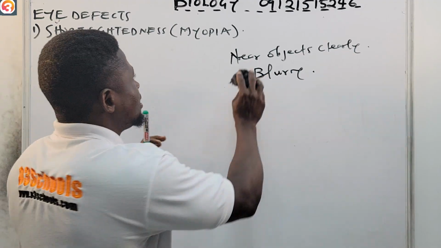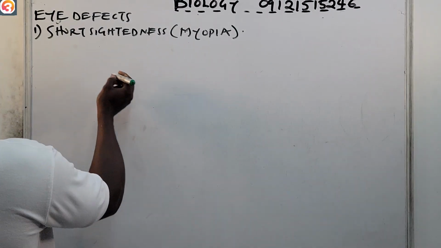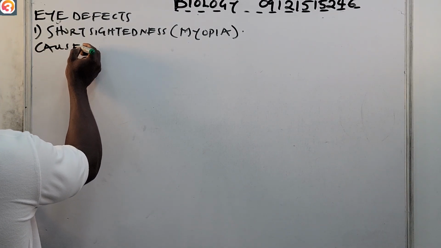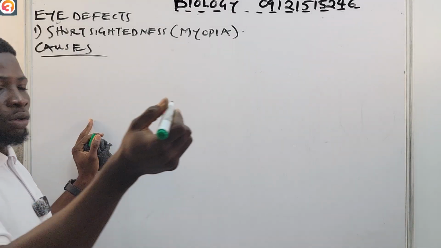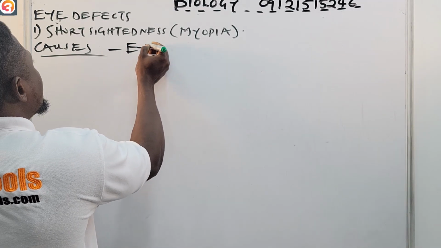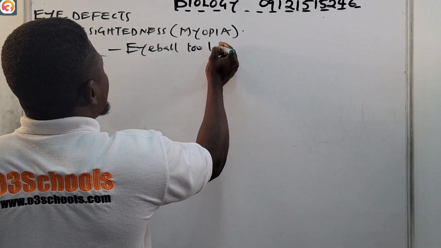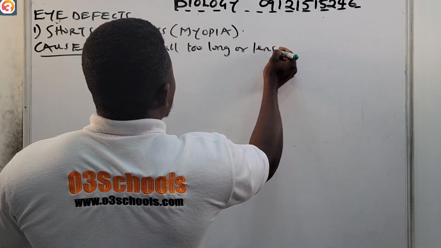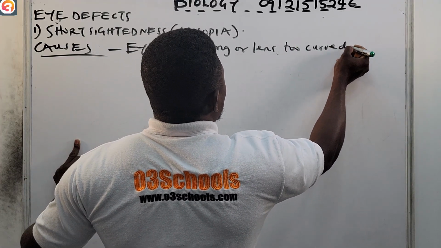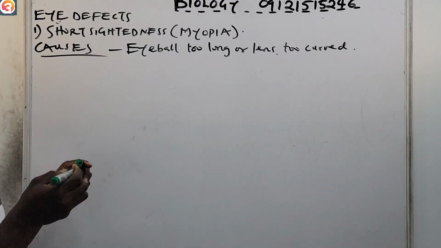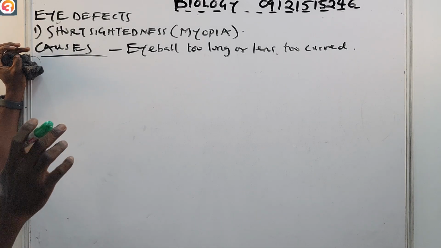Now let us see what causes myopia. It is caused when the eyeball is too long or the lens is too curved.